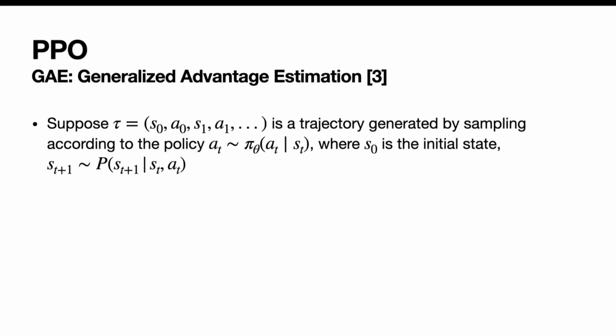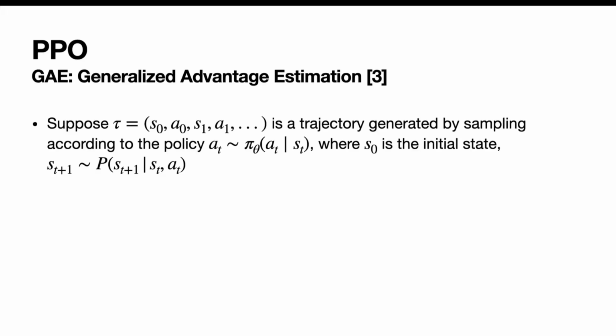Now let's introduce GAE, which stands for Generalized Advantage Estimation. Before we define GAE directly, let's first set up the reinforcement learning objective. Suppose tau is a trajectory. It contains a sequence of states and actions s_0, a_0, s_1, a_1, and so on. This trajectory is generated by following the policy pi_theta.